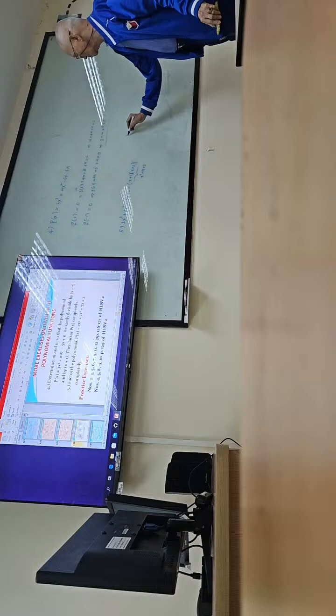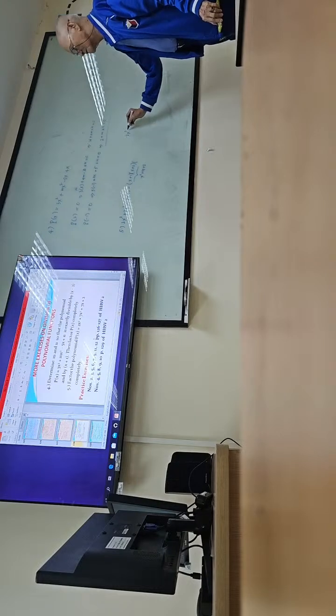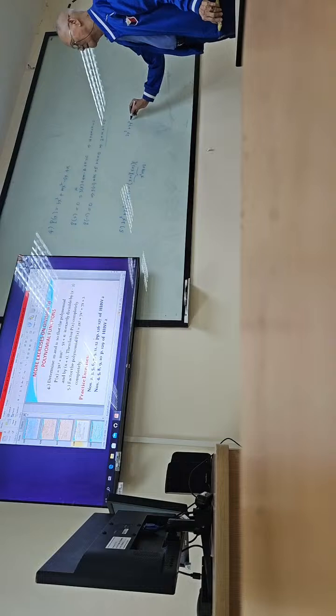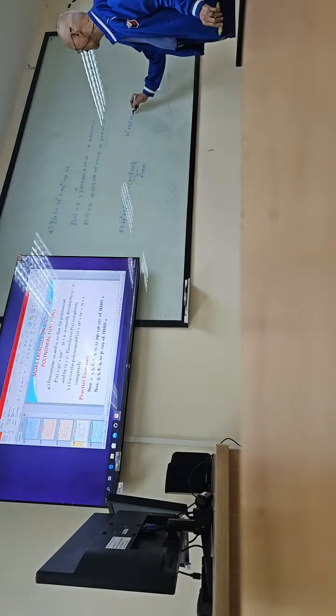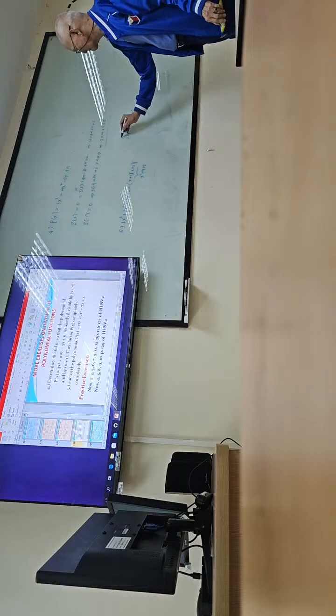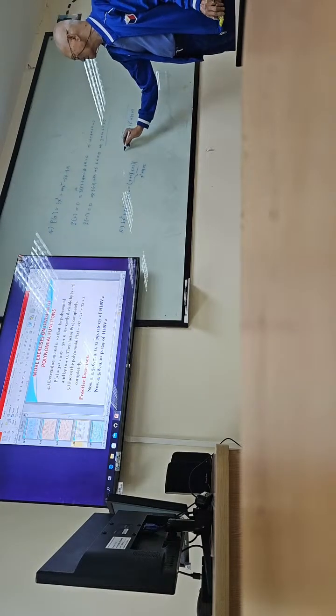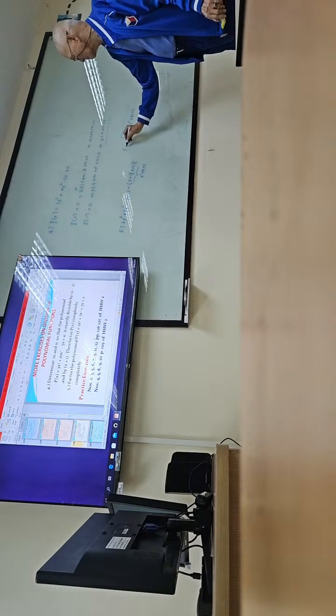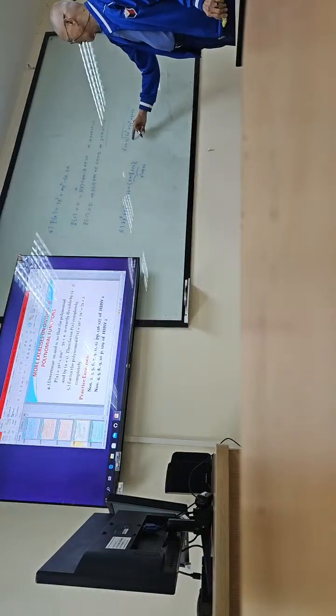So 2x cubed plus 7x squared plus 7x plus 2 divided by x squared plus 3x plus 2.